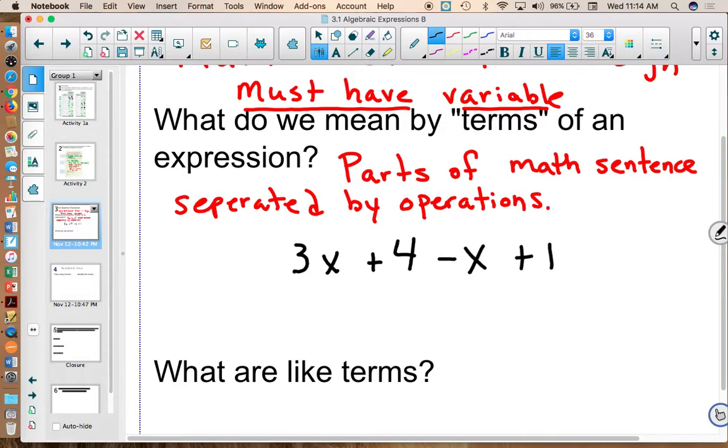All right, if you notice, this is a term, this is a term, this is a term, and this is a term, okay? So in that mathematical sentence, there are 4 terms. And what is separating them is the operation symbols.